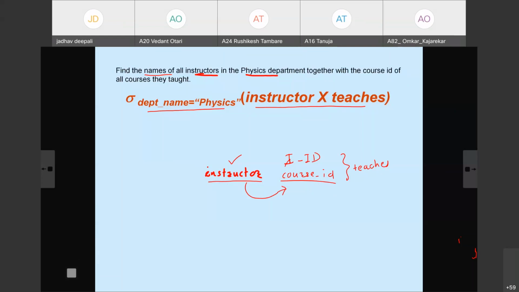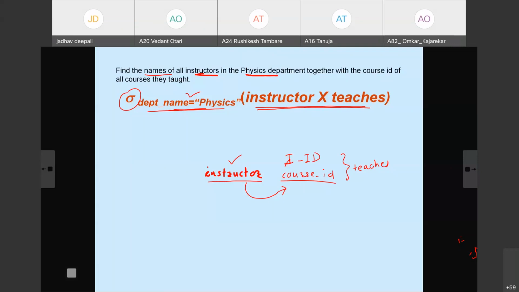It first makes the Cartesian product of these two relations, instructor into teachers, and from that selects only those tuples where department name is equal to physics.